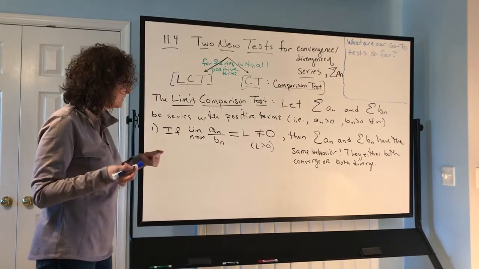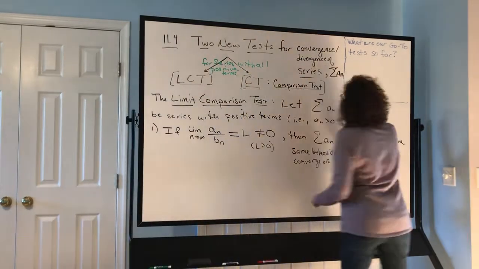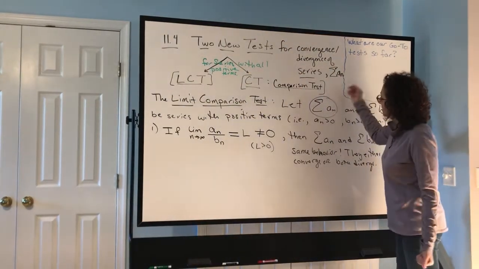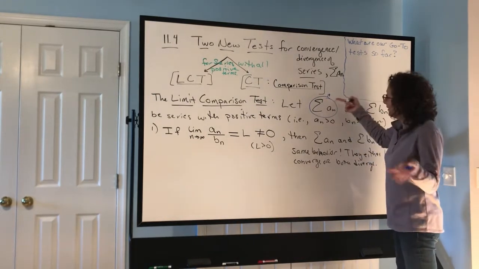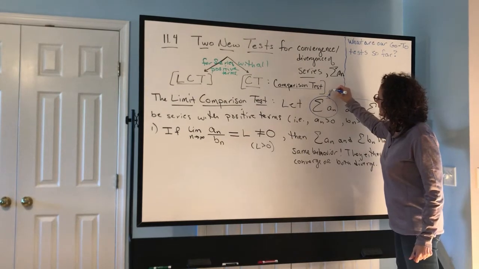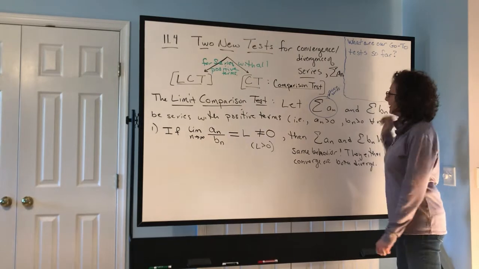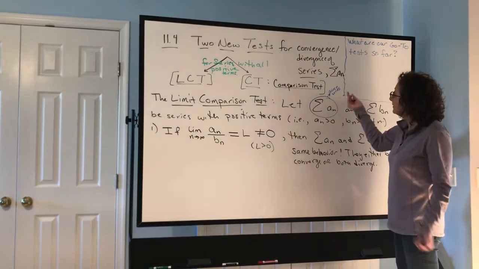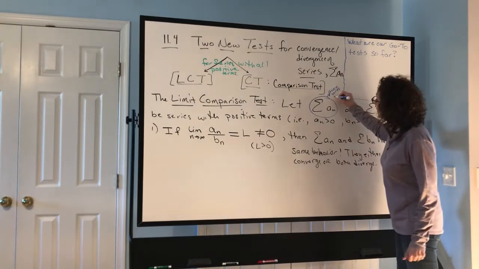So that means that I've got these two series. And usually this one is the one that I am given that I don't know its behavior. This is the given series that we're trying to determine whether it converges or diverges.